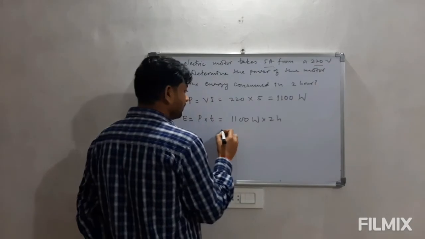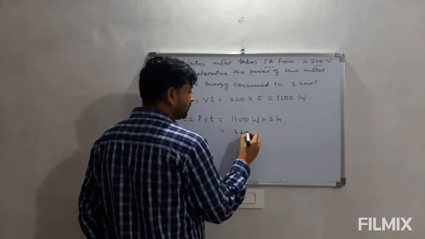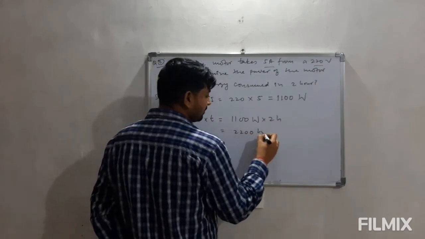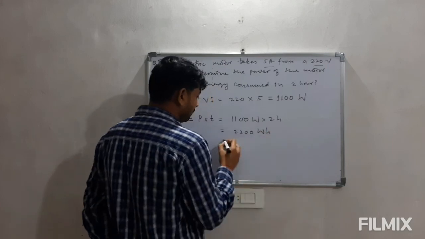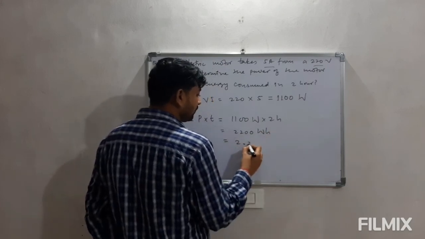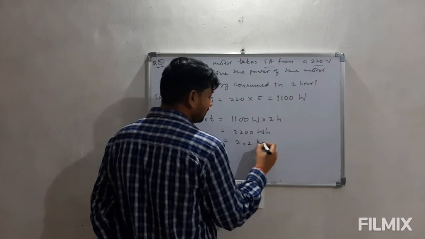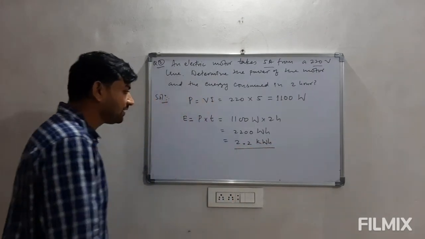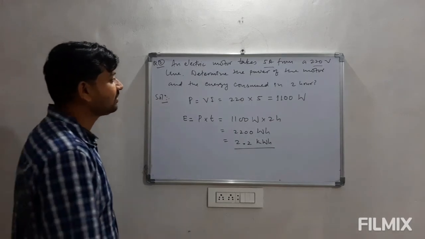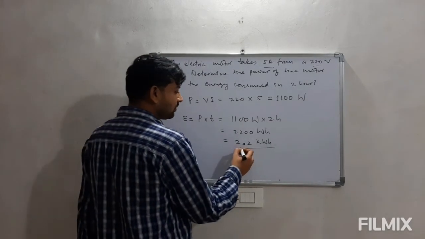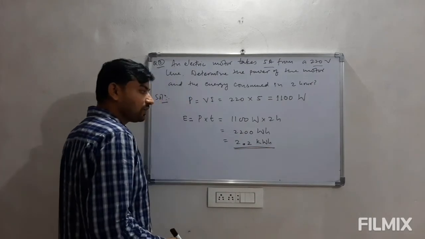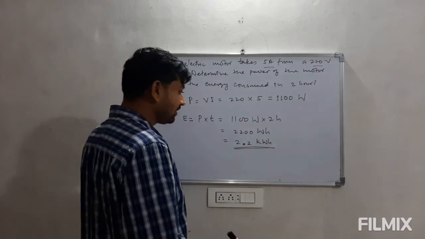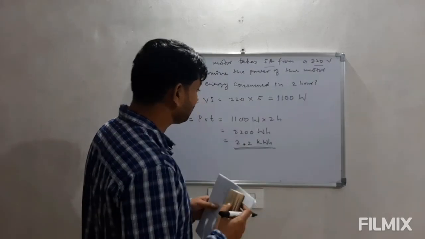So here we get 2200 watt hour. In terms of kilowatt, it is 2.2 kWh. So this is the energy consumed in 2 hours.